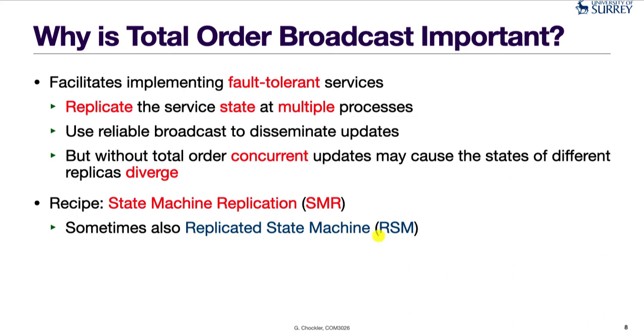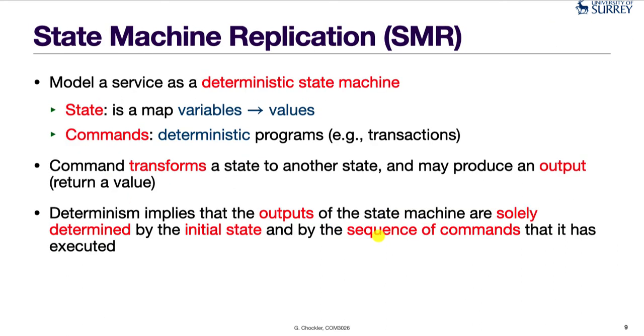Now let's discuss what state machine replication is. In the state machine replication approach, we model a service as a deterministic state machine. So what is a state? We already know that. State is, generally speaking, a map from variable names to their values.